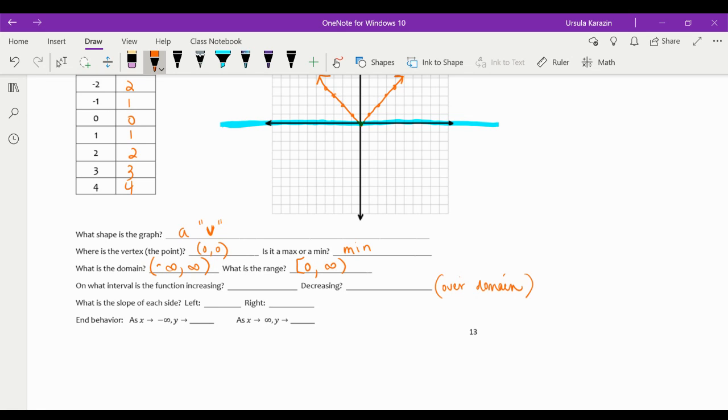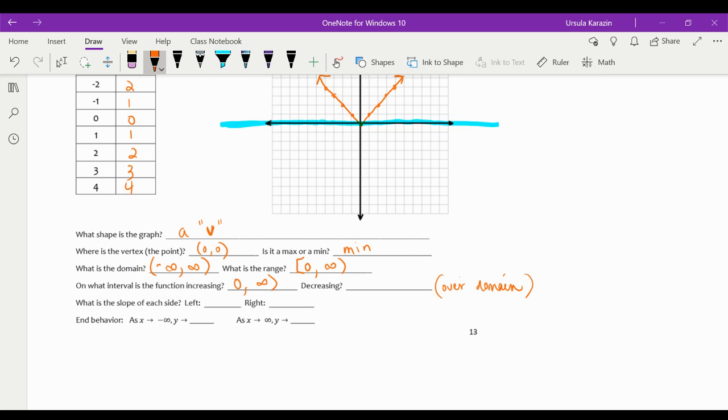So it was not increasing until I got to 0, right? And then it started increasing, and it was going to keep going forever, so infinity. Now we all know that infinity has a parenthesis, a soft brace there. But we got to talk about the 0 for a second. At that point 0, my graph had been decreasing, and when it got to 0, it turned and started increasing. So that is a turning point.